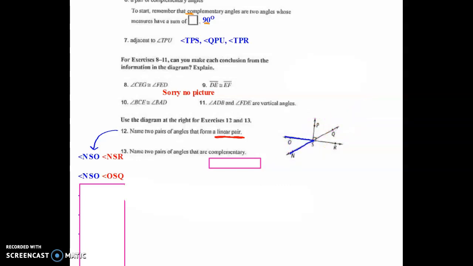All right, and then we scroll down more. OSP, that's that guy. And the red one, PSR. Look, they form a line right there. Great.